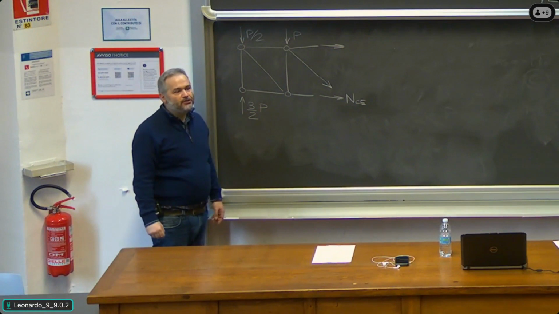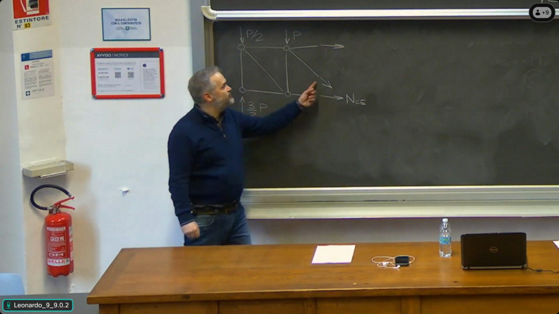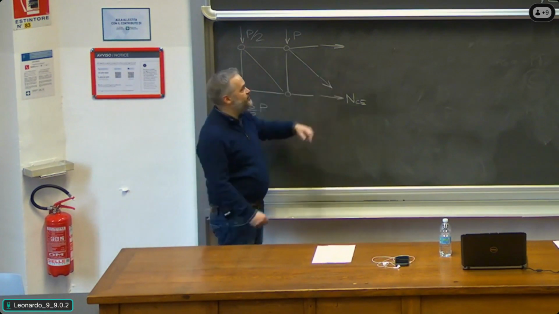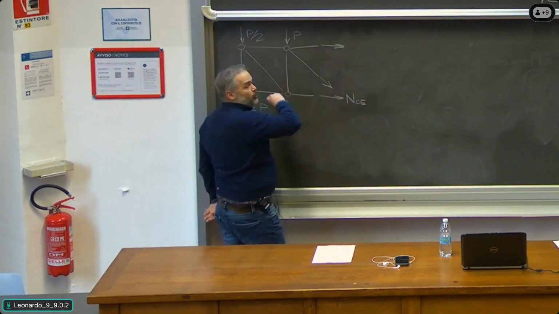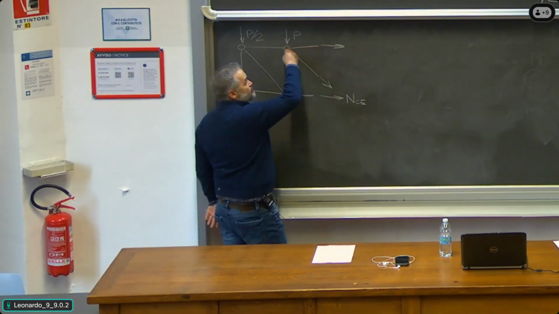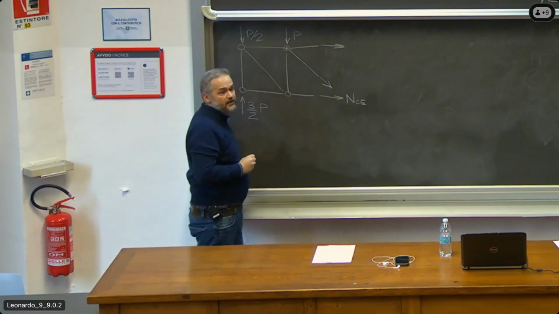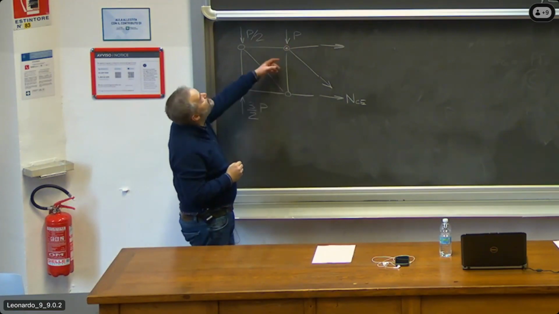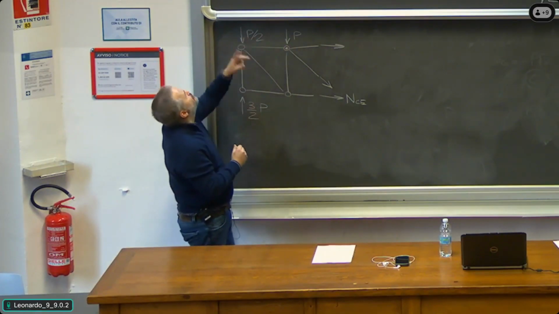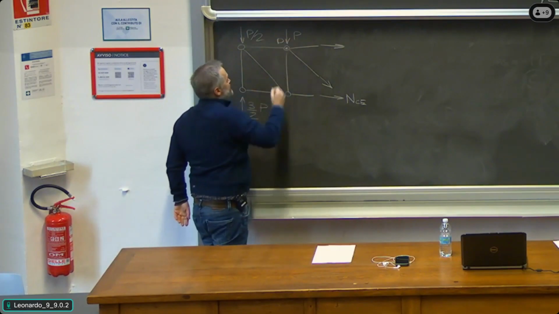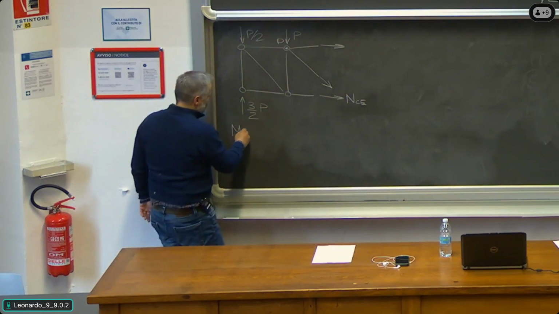What equation do we write? If we have these two forces, we want to get rid of them, so we write a moment equilibrium with respect to the point of intersection of these two forces, which means we write a rotation equilibrium with respect to this point here, which would be point C, no, D. This is D. So MD equal to 0.